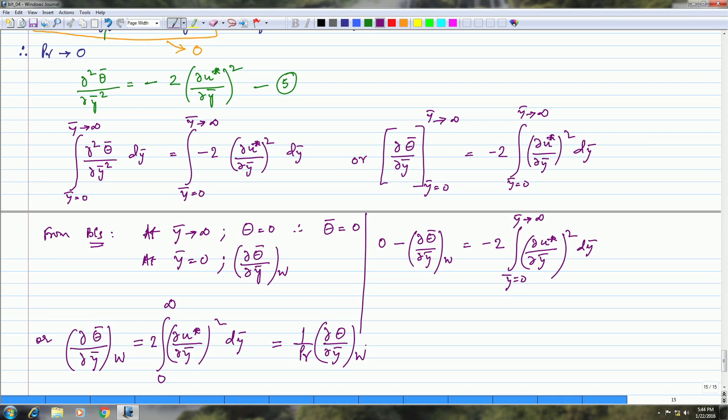This is an expression that I'm going to call equation 6.